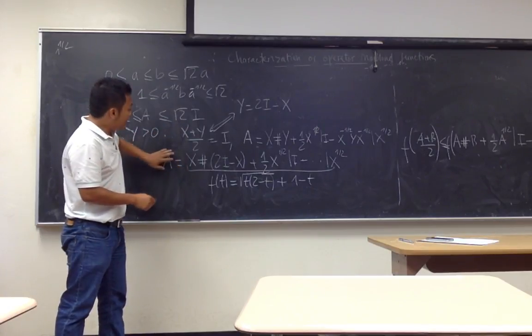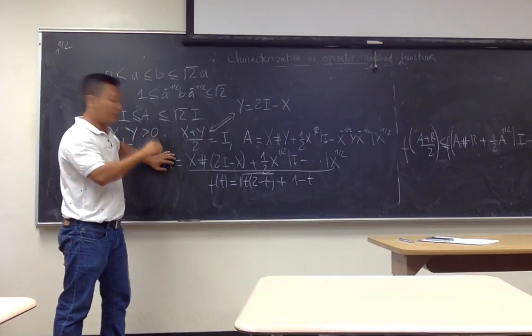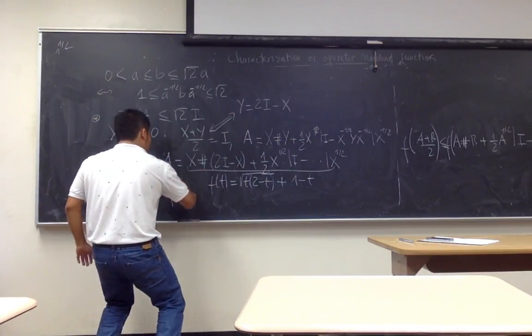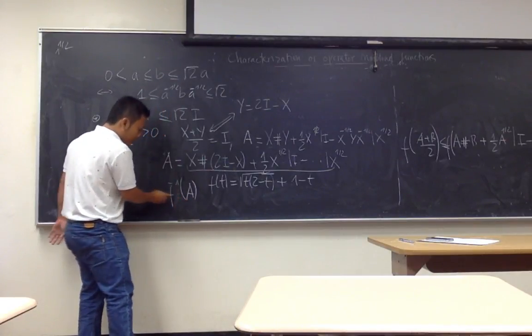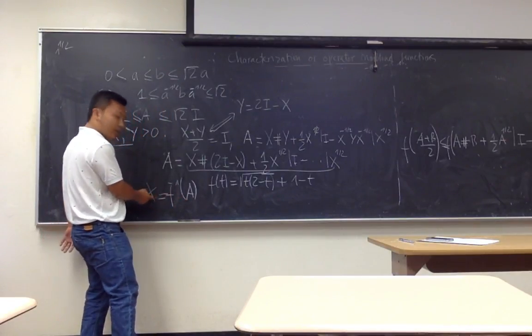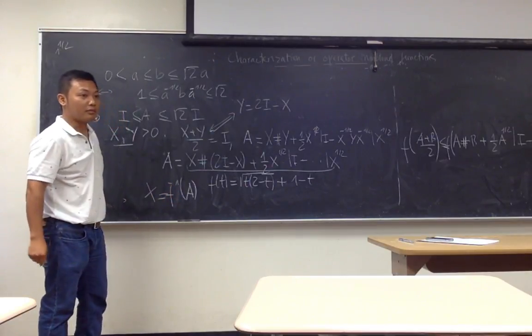So that's why for any matrix A we have the inverse, f^(-1) of A. So I show that, yes, actually x equals f^(-1) of A, and we have y also.